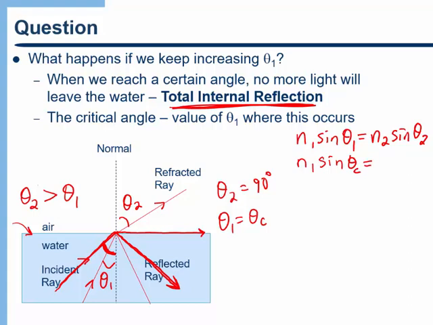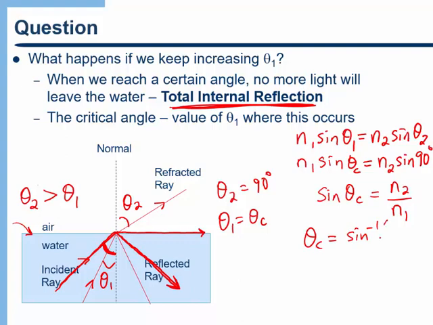And remember that the critical angle occurs when the light just stops coming out. That's when theta 2 has a value of 90 degrees. Well, you'll notice that the sine of 90 is 1, and so what we get is that sine theta c is just N2 divided by N1, or theta c is equal to the inverse sine of N2 over N1.